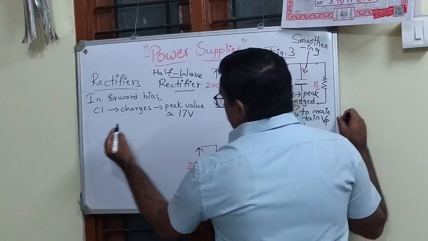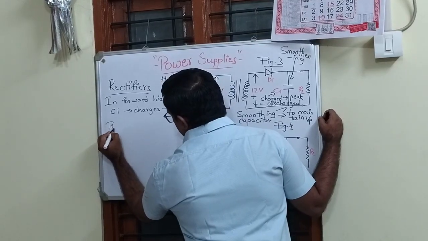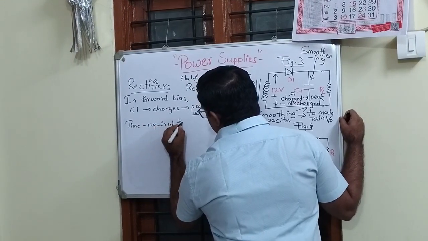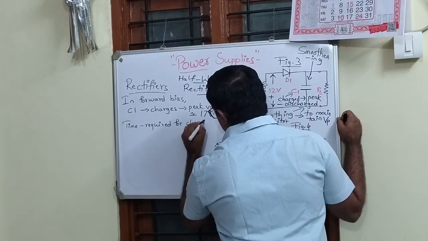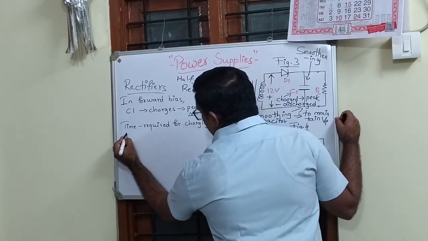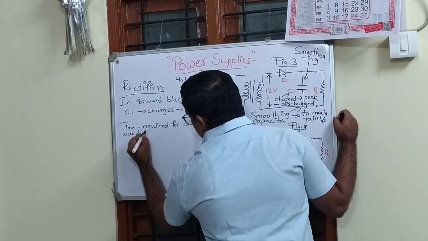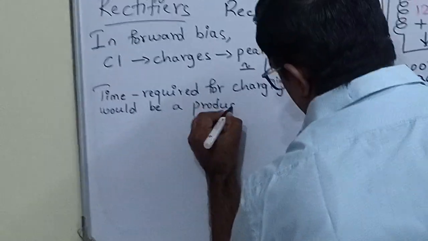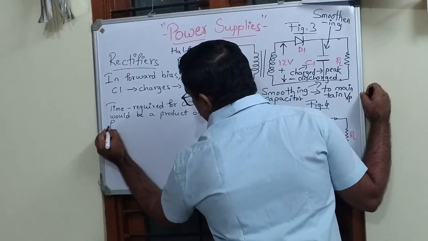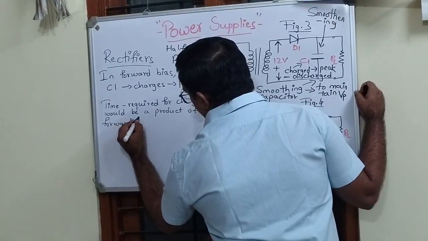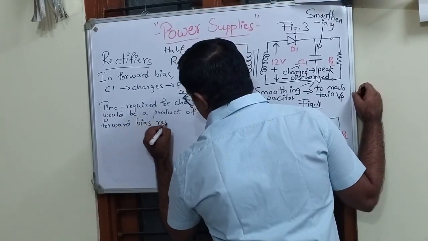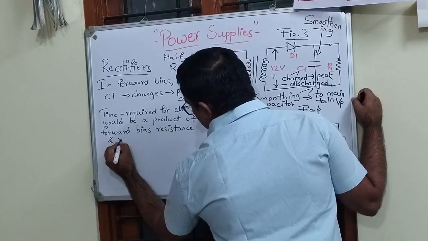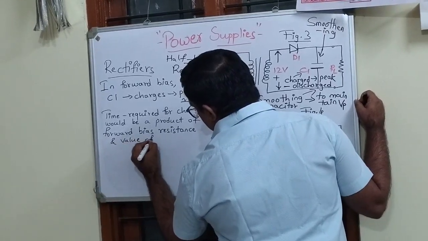Now the time required for charging C1 would be a product of the forward bias resistance and the value of C1.